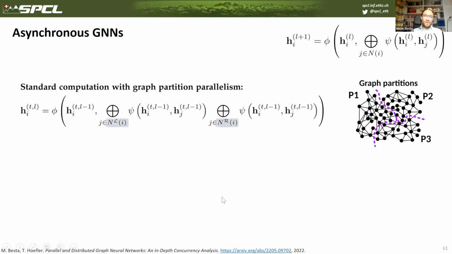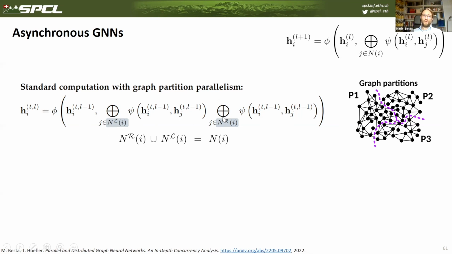So we can see this by splitting the aggregation function across two types of neighborhoods, right? Now each one of the vertices may have neighbors in its local partition, but also may have neighbors in some other remote partitions, right? And now we can consider this explicitly at the model description level by splitting this aggregation function into these two parts, right? In one part on the left, we aggregate over feature vectors in our local neighborhood N_L.